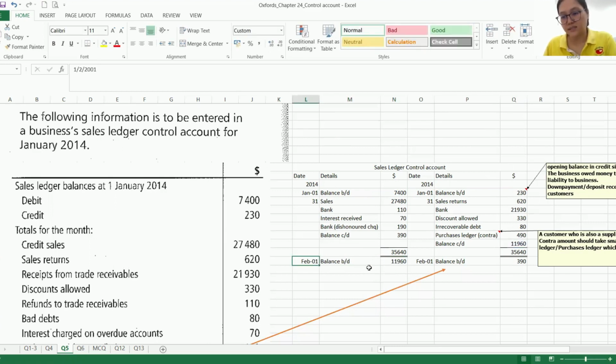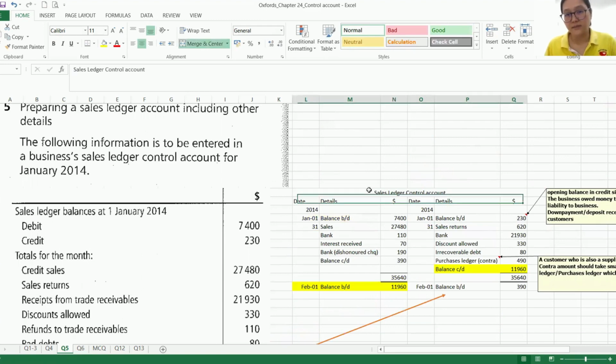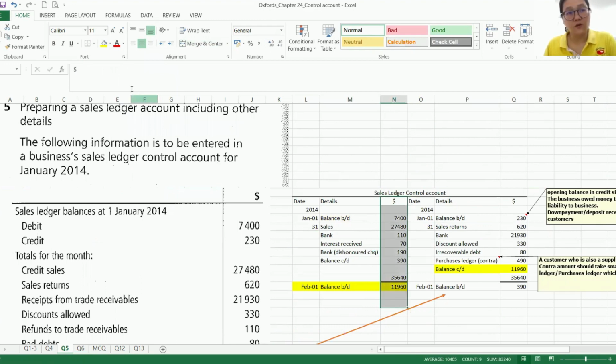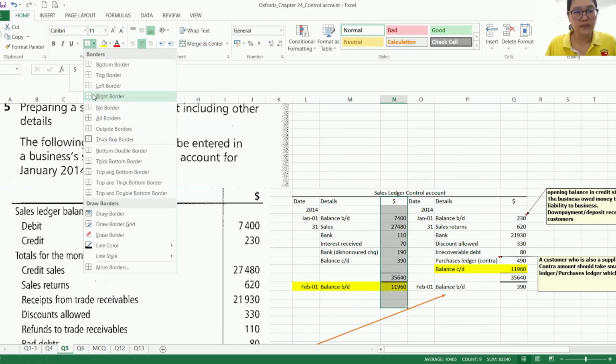So this question, they ask us to find this amount. How much is the balance at the end? Okay, so now let's move on. Normally this topic that comes out is quite straightforward, not much to worry about. Okay.